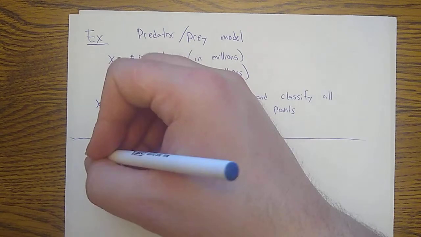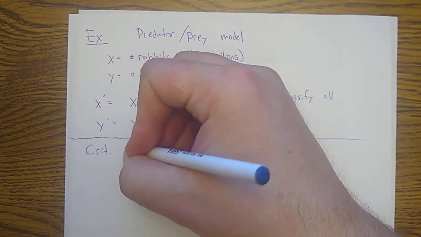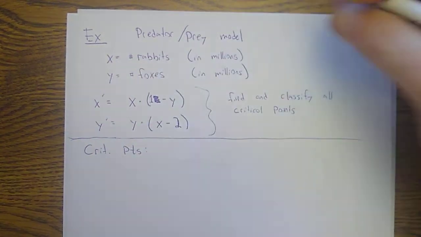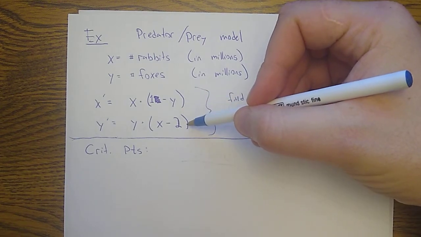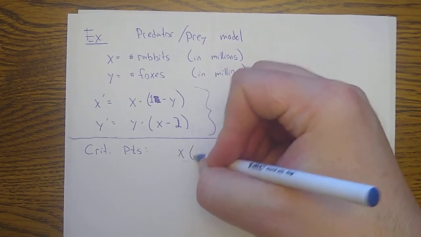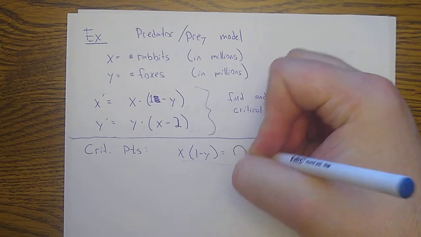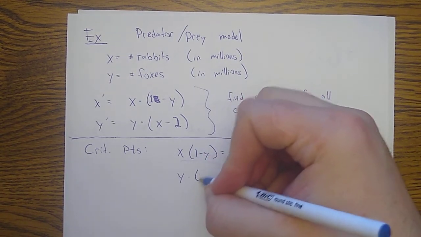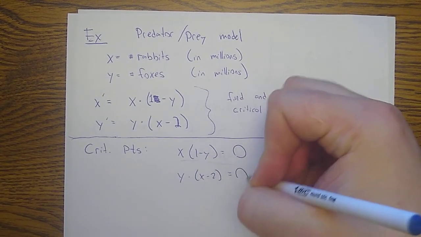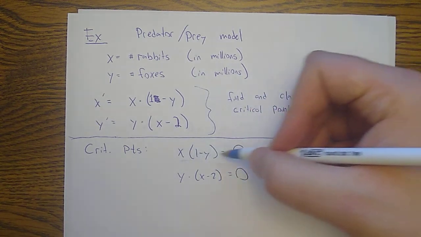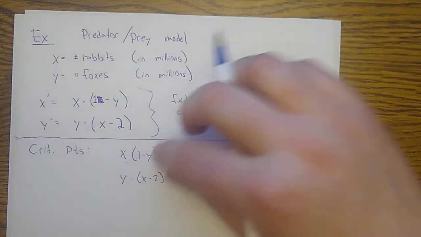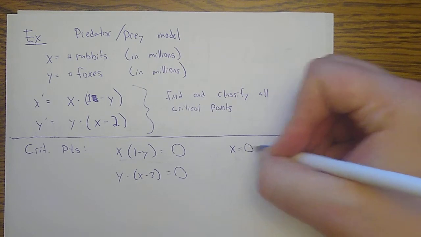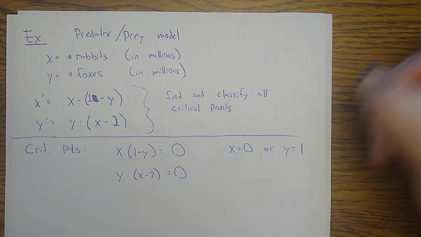So, to find the critical points, I set both of these equal to 0. Since this is already factored, this just tells me that x equals 0 or y equals 1.